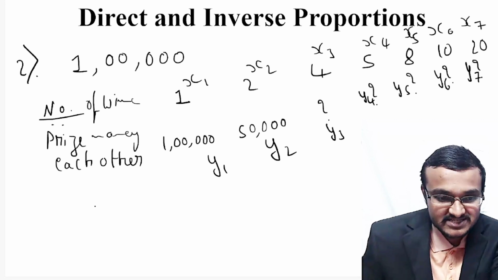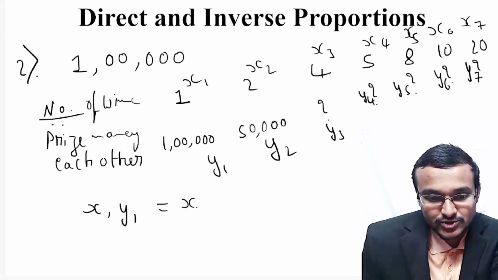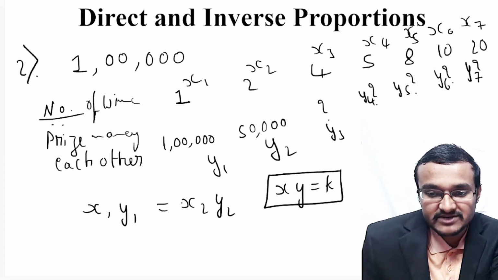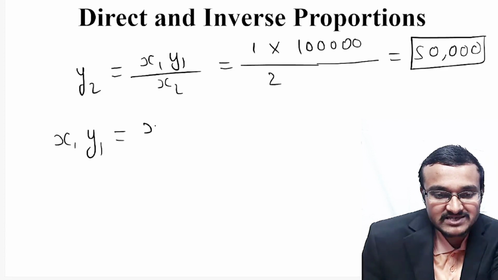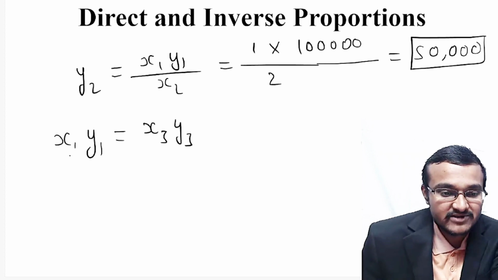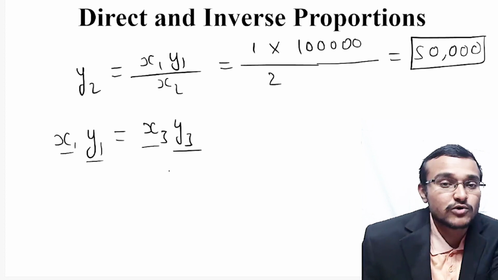So in this particular case, we have to use this equation, that is x1 y1 is equal to x2 y2, because xy is actually equal to k in case of inverse proportionality. So similarly, you can draw another equation, x1 y1 is equal to x2 y2, that is also equal to x3 y3. So here we know x1, we know y1, we know x3, but we don't know y3.